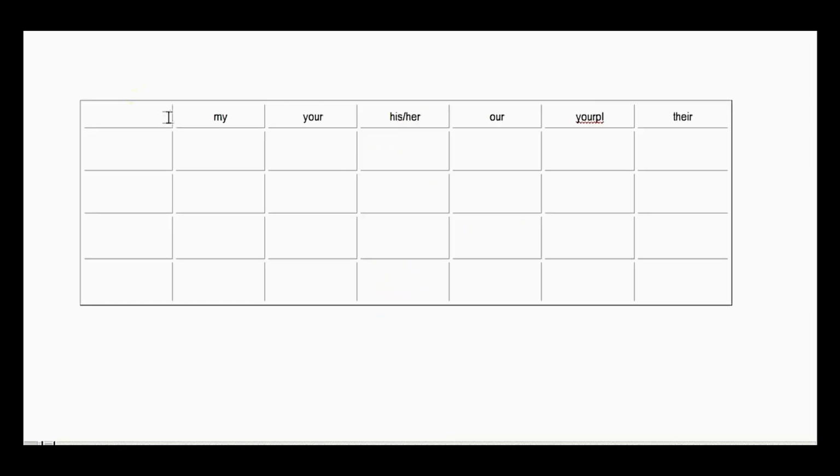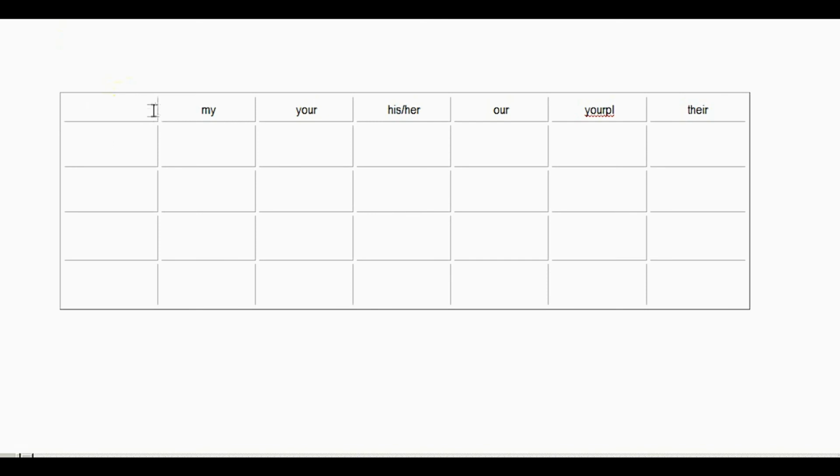Here is an alternative way of developing the same table. Rather than going with the adjectives in a vertical line, we can also put them in a horizontal line. So here we have my, your, his, hers, our, your plural, and their.